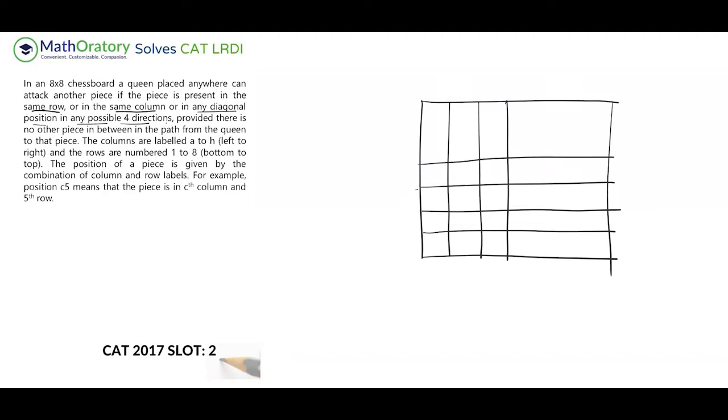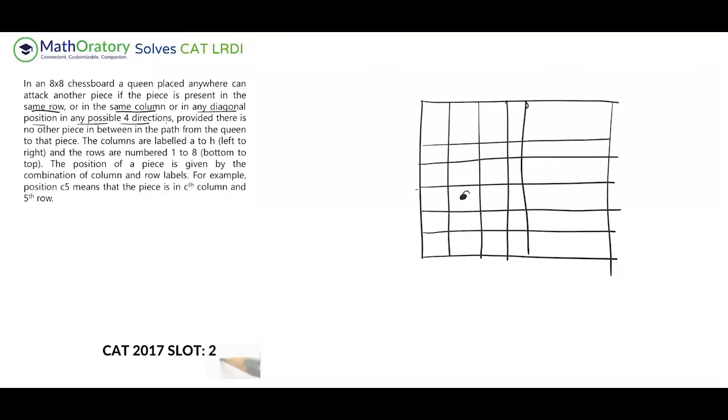Let me draw a few more squares to explain what I'm saying. Just consider this to be squares. I'm just trying to explain this. So suppose I place the queen here. This is not part of the diagonal of the square, right? This particular square. When I say diagonal of the square, I mean the diagonal of the entire board. This square is not part of the diagonal of the board, right?